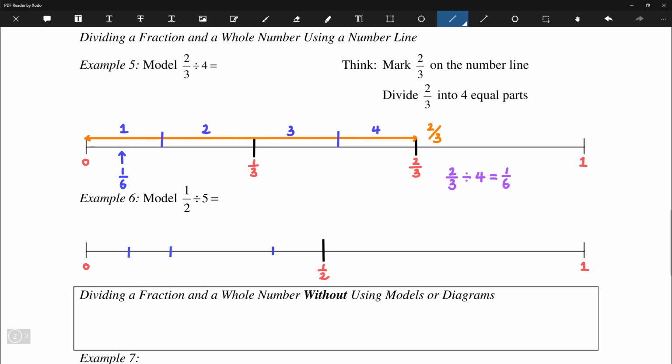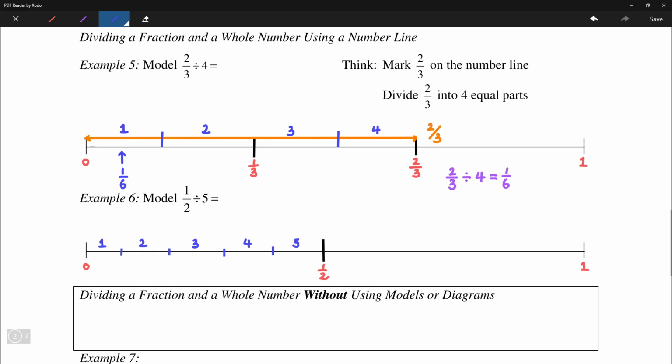So why don't we just redraw these? It's best to use a ruler when doing this, actually. Something like that. Again, this is just a rough sketch of what will happen. So we have 1, 2, 3, 4, 5 parts.